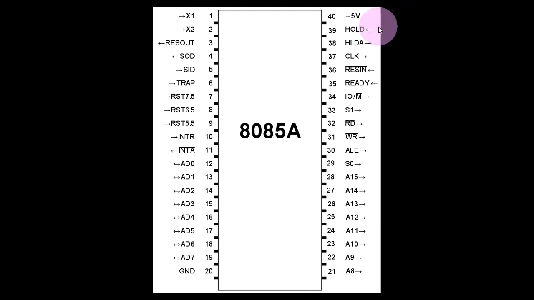So for that, it will make a hold request. What will happen after making a hold request? If the microprocessor accepts this hold request, then it will grant the control of its internal data bus, its internal address bus, and its control signals to this particular externally interfaced device, and the microprocessor will be bypassed for that time. So the device gets direct access to the memory that is connected.